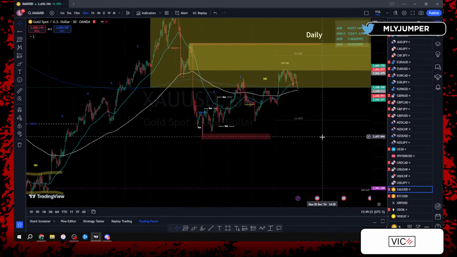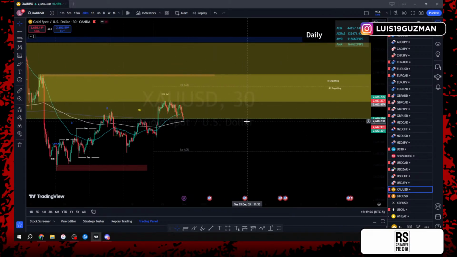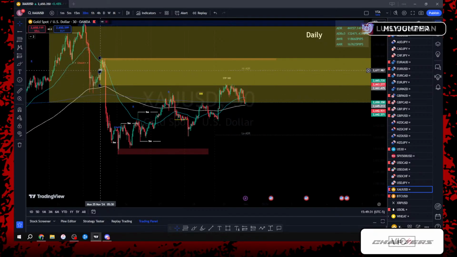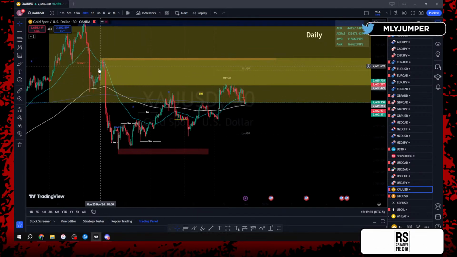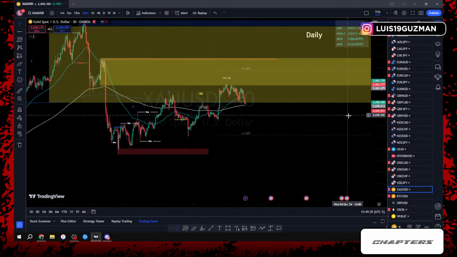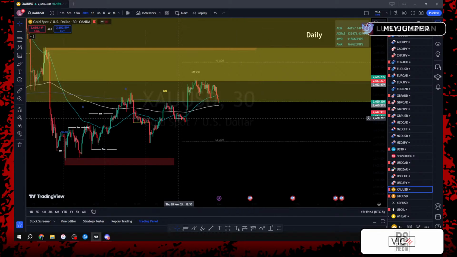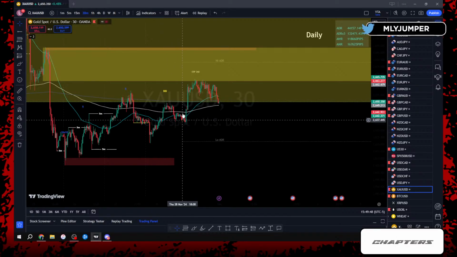So yeah, we had these gaps, but the same way we were in the 4-hour gap, we were in the daily gap, but price internally was fighting. We wanted to make internal higher highs and higher lows, but externally we were still trading the lower low and the lower high. And we could still see that these shorts didn't really give us nice shorts. It gave us a little push, a little pullback, and then continued.